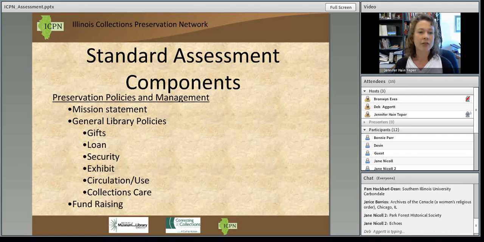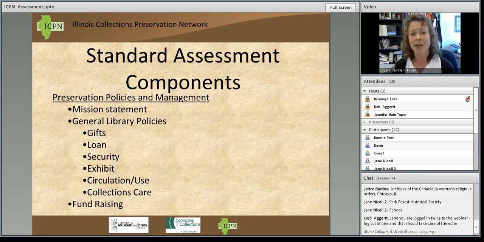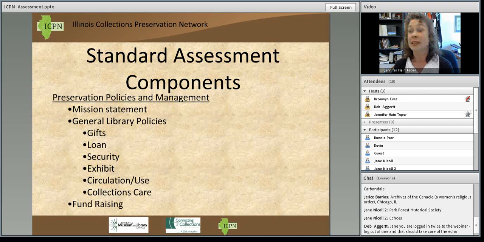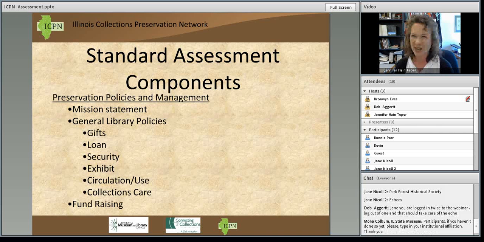There are a lot of other general policies, and these are ones in libraries, but they probably carry over to museums. As a matter of fact, I know a lot of them carry over to museums as well. So things like, what are your gift policies? What are your loan policies? What are your security policies? What are your exhibit policies? How do you circulate things, if things circulate at all? Or how do you use your collection in different ways and register that use if it's not through circulation per se?